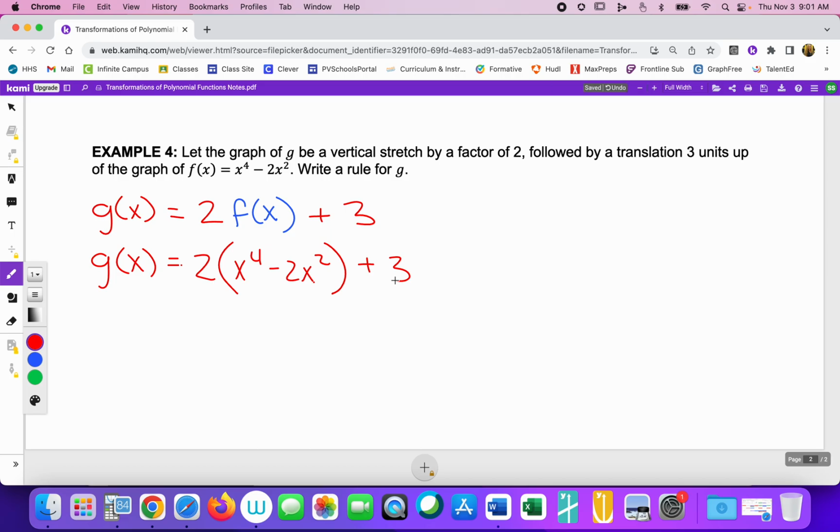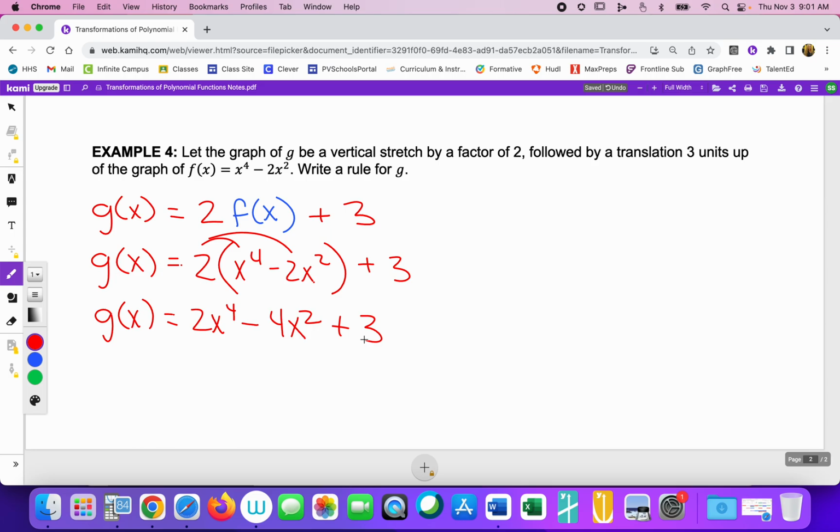And then you will simplify by distributing the 2. We have 2x to the 4th minus what? 2x or 4x. 4x squared. And plus 3. Do we have any like terms?